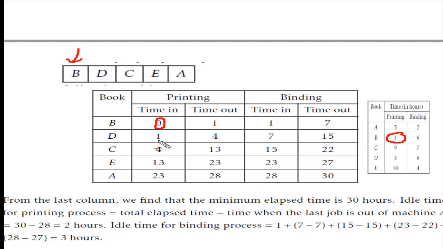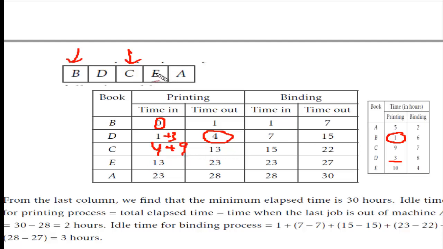We give the jobs one after the other, so D is to be given. D has 3 time, so 1 plus 3 is 4, so it ends at 4. The next job starts at 4, that is C. The job C has to start at 4, and C has the processing time 9. 9 plus 4 is 13, so it finishes at 13.